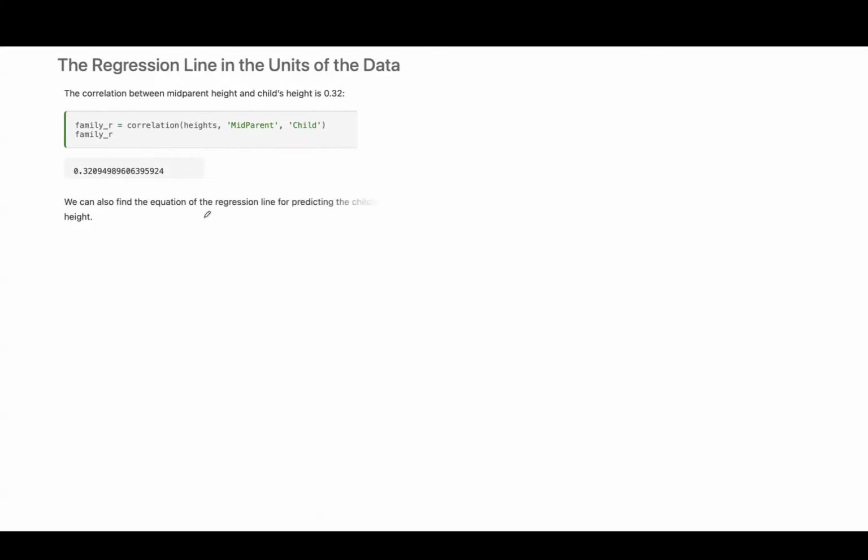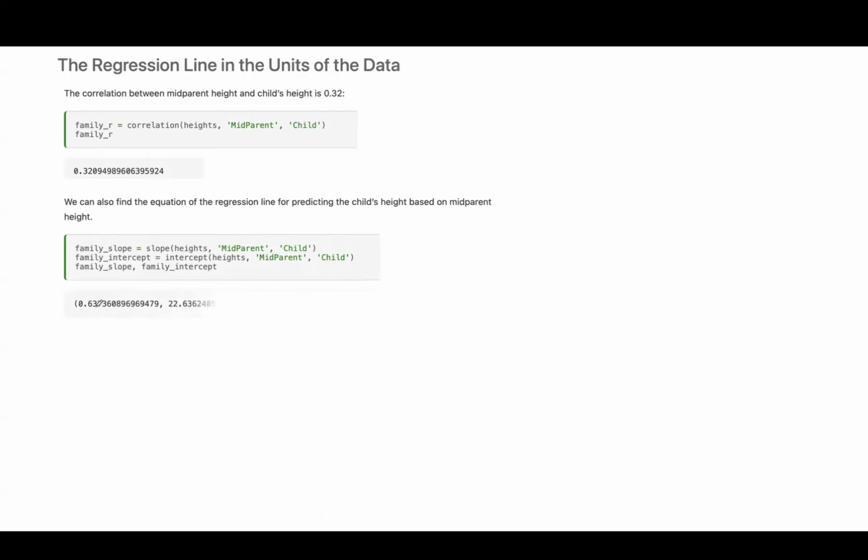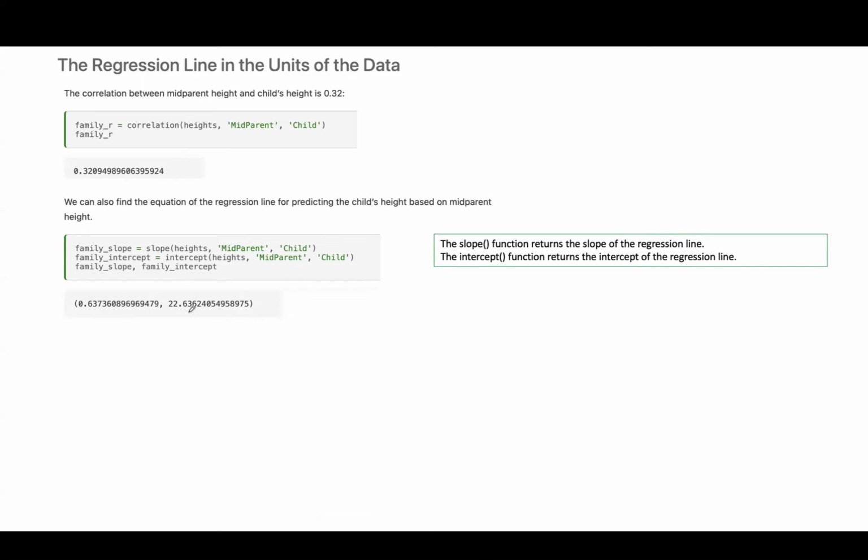We can also find the equation of the regression line for predicting the child's height based on mid-parent height. To do that, as you saw before, we need the slope of the line. We need the intercept of the line as well. Slope of the line is about 0.64, and the y-intercept is about 22.64. We're using slope and intercept functions.